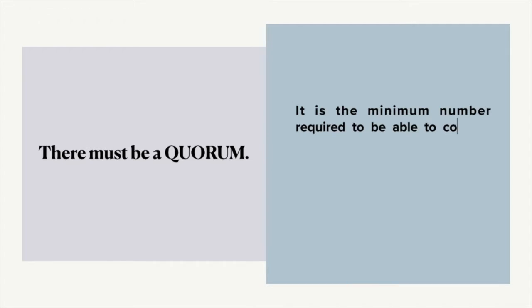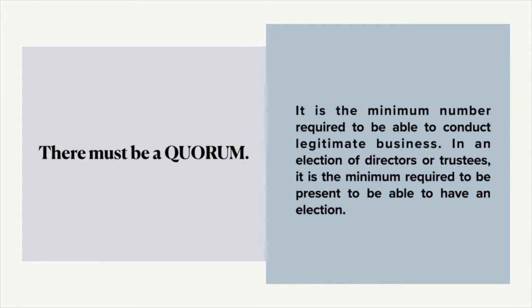In that particular paragraph, it is important that we understand what a quorum is and how we apply that in the election of your directors or trustees. So in an election of directors or trustees, there must be a quorum. What is a quorum? It is the minimum number required to be able to conduct legitimate business.